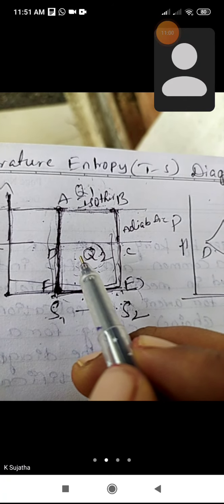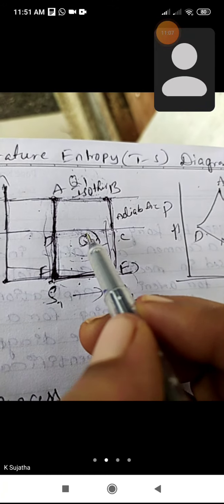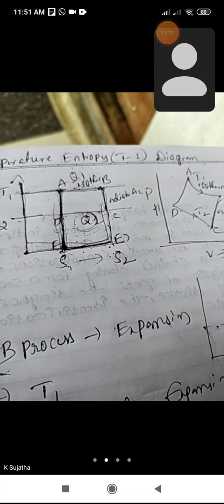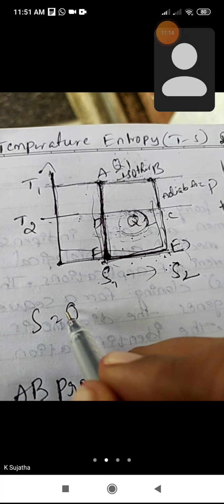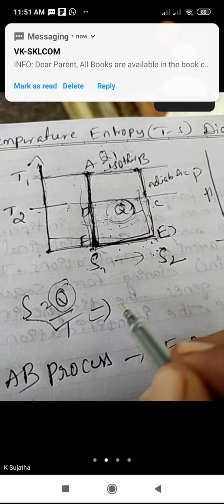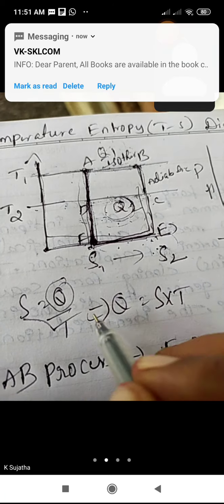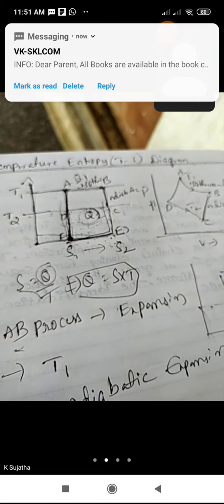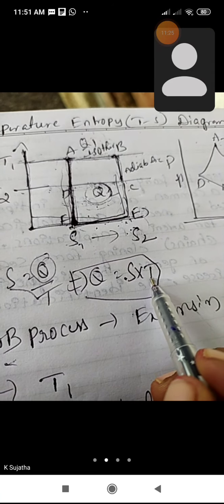Why? Because Q2 is the process CD, the isothermal compression process, done at the CD level. Q2 is the heat energy. According to the definition of entropy, Q = S × T, where S is entropy and T is the temperature.